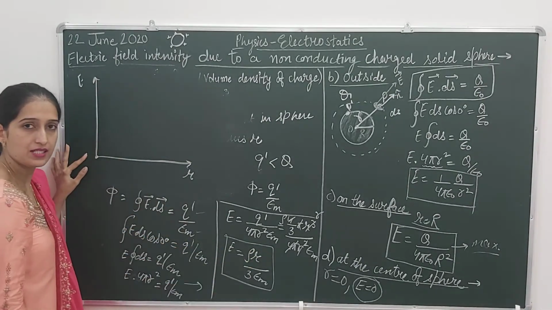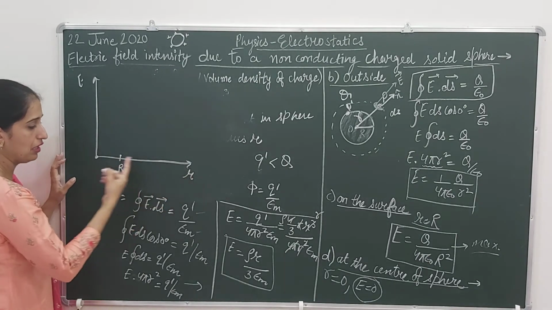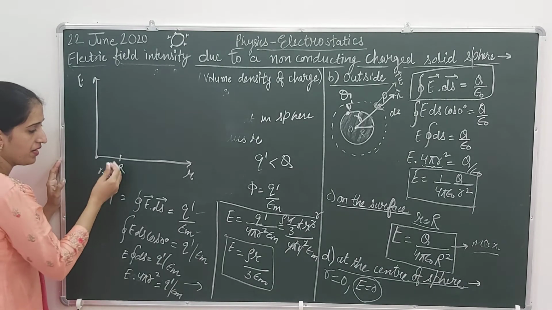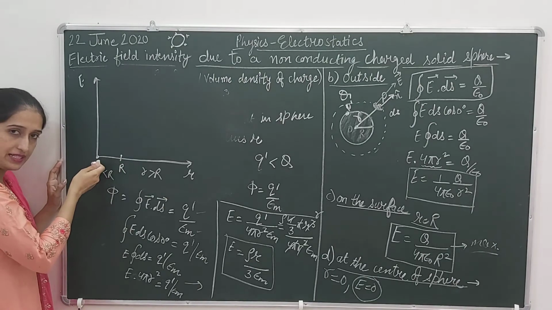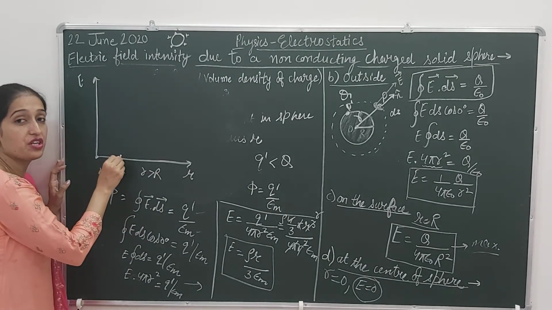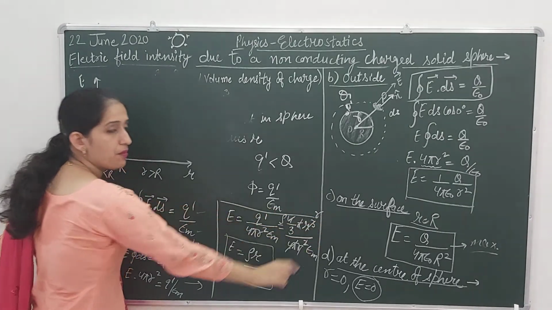Then there is the condition when r is capital R: below it r is less than R, which is the condition for inside, and above it r is greater than R, which is outside. This one is the position on the surface. Electric field intensity is maximum on the surface.